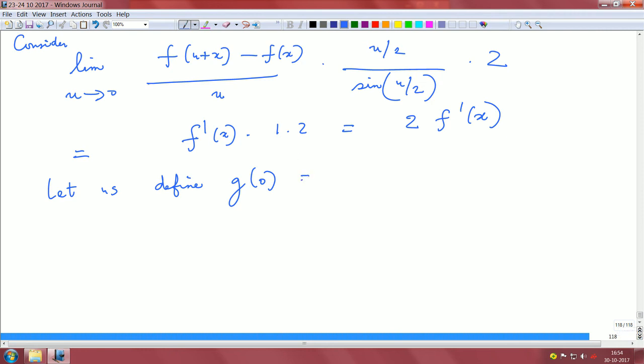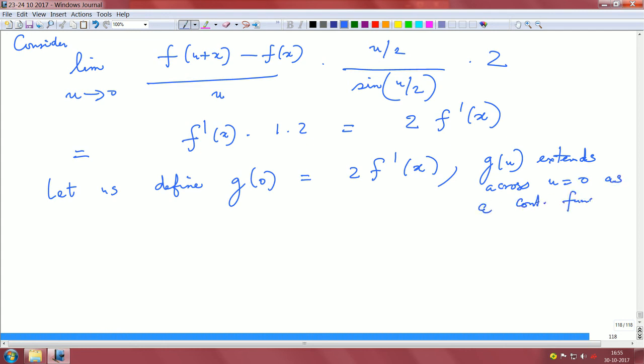So, if we define g of 0 as 2 times f dash of x at those points x, g of u extends across u equals 0 as a continuous function, right. At that point it is discontinuous, but if I put it in this form, it extends as a continuous function, right.